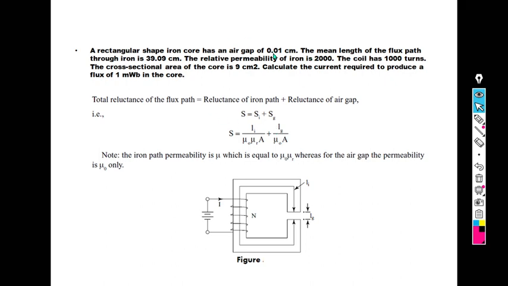Lg is given as 0.01 centimeter, so you have to convert it into meter. The iron length is 39.09 centimeter, the area is 9 centimeter square, and mu r is 2000.